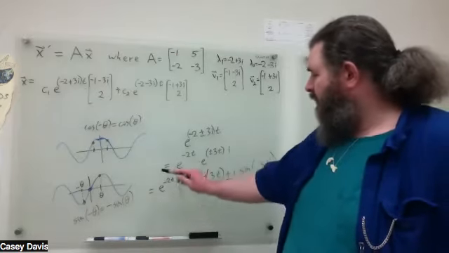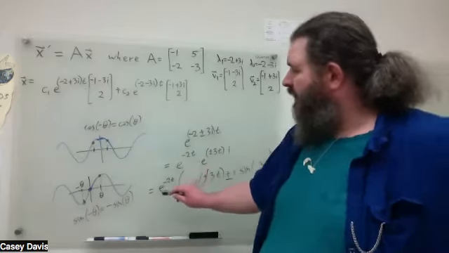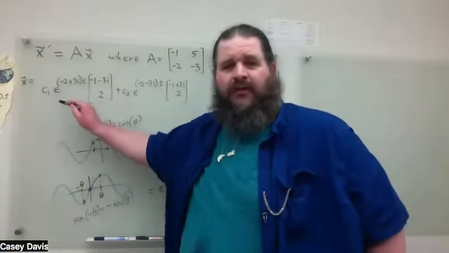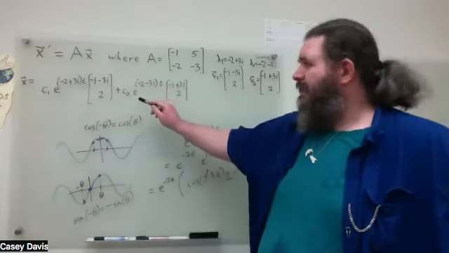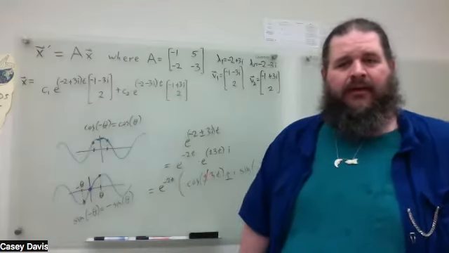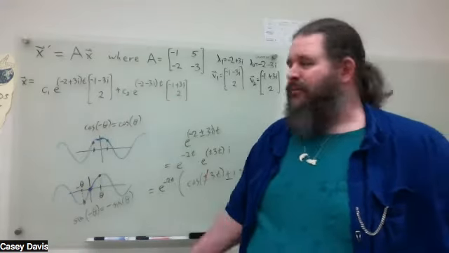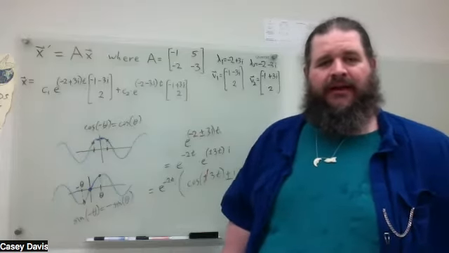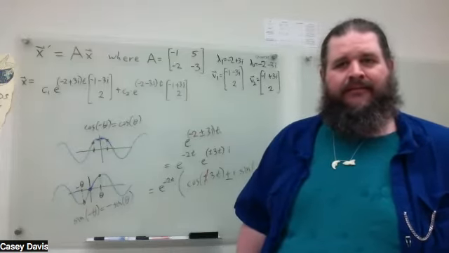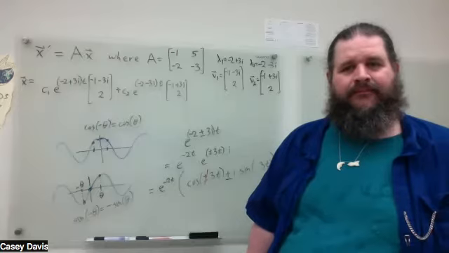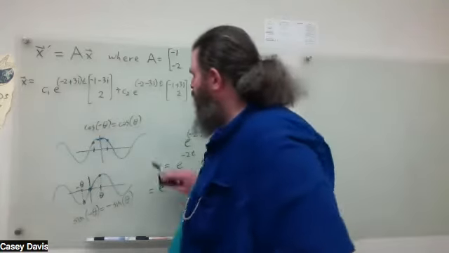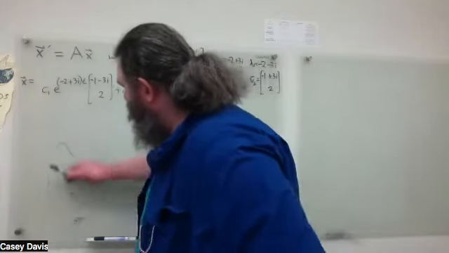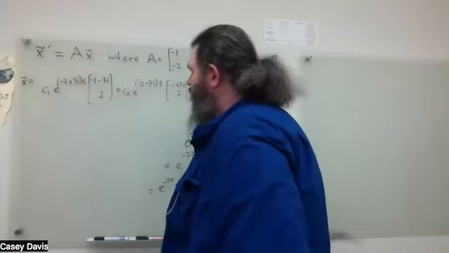I mean, we could distribute it to both of these, but what I'm saying is there's an e to the negative 2t in this term, and also there's going to be an e to the negative 2t in this term. If you already have the same multiplier on both of these terms added together, what's the opposite of distributing? Yeah, we could factor it out. So an e to the negative 2t can be factored out from both terms.